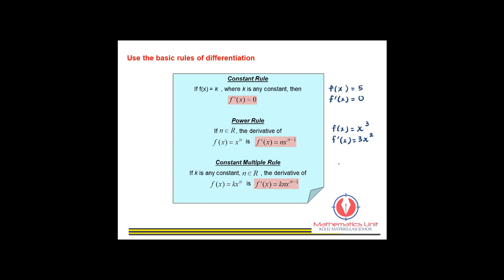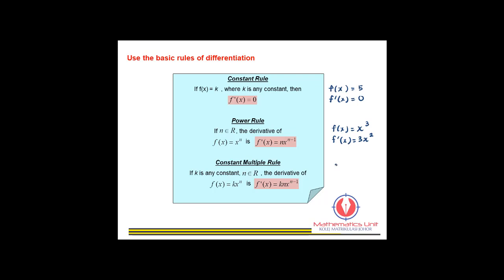The third one is constant multiple rule. If k is any constant and is the element of real number, the derivative of f(x) equal to k times x power of n is f prime x equal to k times n times x power of n minus 1.